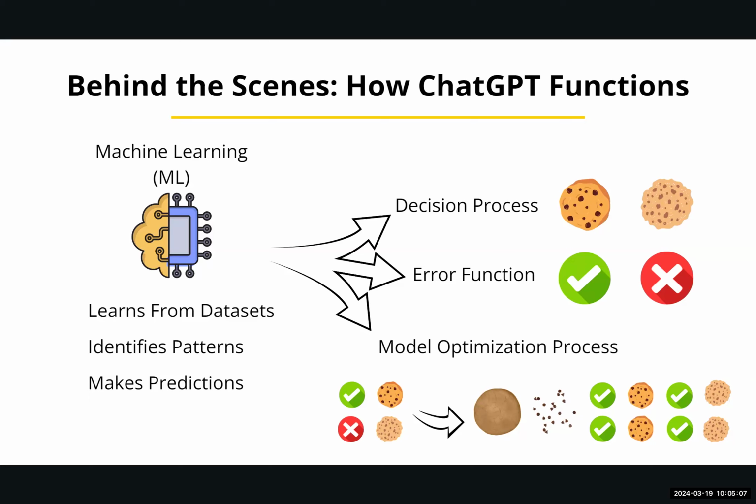So it adjusts its thinking, it weighs it, based on its mistakes. Now it's looking at what actually makes that cookie a chocolate chip cookie. Is it more round? Is it a darker color? What do chocolate chips look like versus raisins, that type of stuff, right? So that process is called model optimization. It basically keeps trying to improve until it gets really good at telling the cookies apart, right?